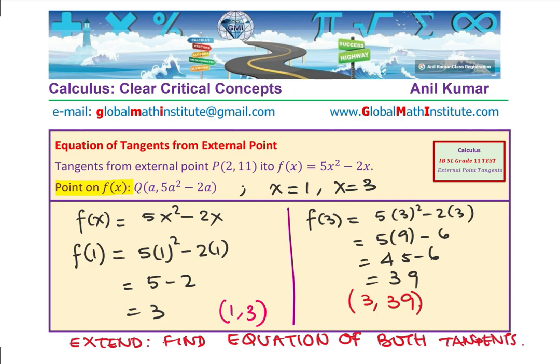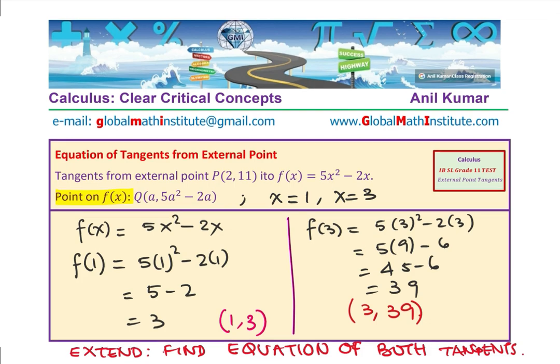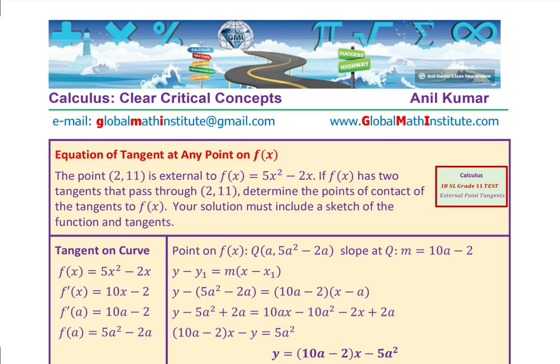Perfect. Right. So what I've done here is provided you with a neat and clean typed out solution. Sometimes my handwriting is not all that good. You have some difficulties in understanding. So the approach here was, we took the function 5x squared minus 2x, found the derivative, which is 10x minus 2, substituted a to find the slope or gradient at a particular point a, which came to be 10a minus 2.